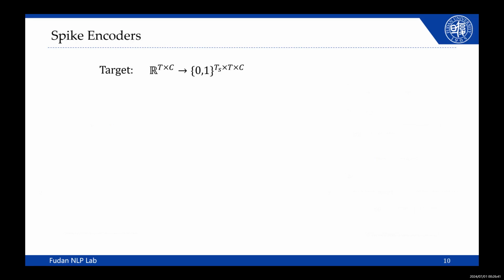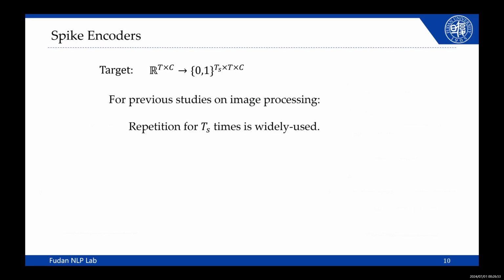So to achieve this target, we need special spike encoders that can not only generate spikes but also maintain the time series information. For previous studies on image processing, repetition for T times is widely used, but in fact, this method will disrupt the continuous nature of time series.